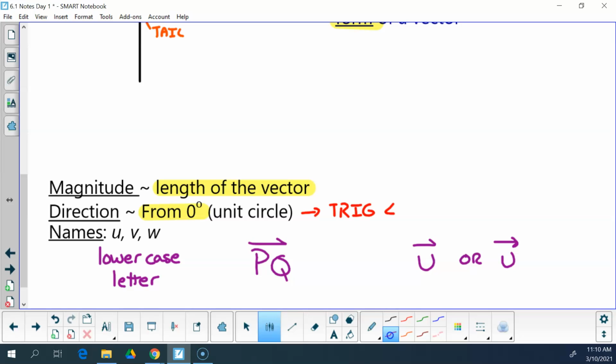So the trig angle is from 0 on the unit circle. That means that we're going, here is 0 degrees, here is 90, 180, and 270. Just to confuse you even more with trig angles.